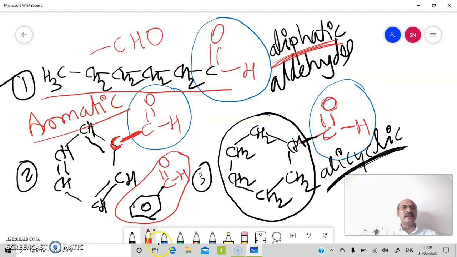So aliphatic aldehydes. Second class, aromatic aldehydes. The carbonyl group is directly connected to an aromatic ring. Such type of aldehydes are called aromatic aldehydes. Now the next is alicyclic.